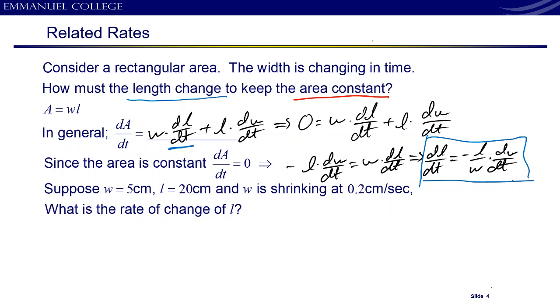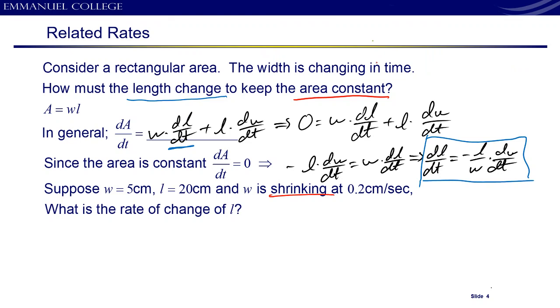So let's say in a given scenario the width is 5 centimeters and the length is 20 centimeters and the width is shrinking. Key word there. Shrinking at 0.2 centimeters per second. What is the rate of change of L?